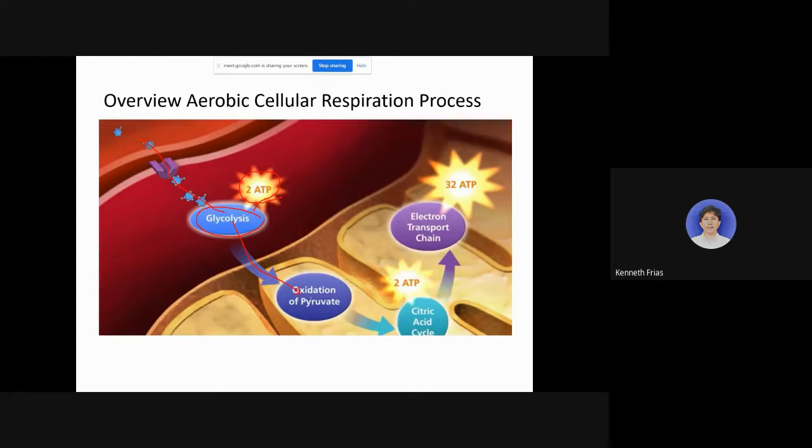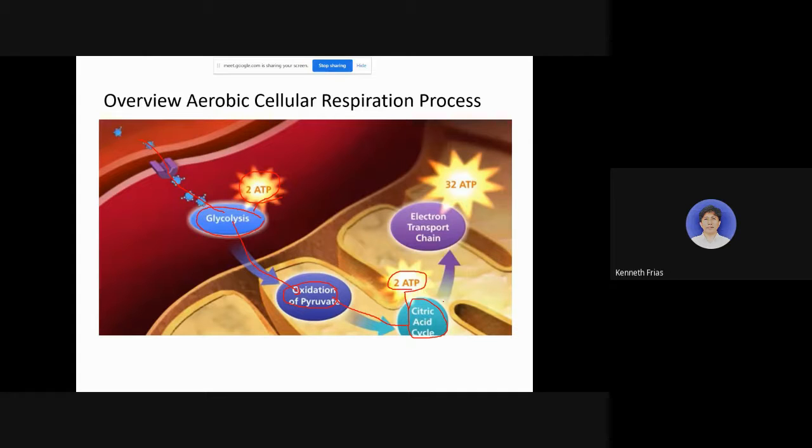And these pyruvates will be processed in link reaction here, and then once it's transformed into acetyl CoA, it will undergo what we call citric acid cycle, which will further process this acetyl CoA into carbon dioxide, which will be released out of the body, and then in the process it will produce two ATPs.